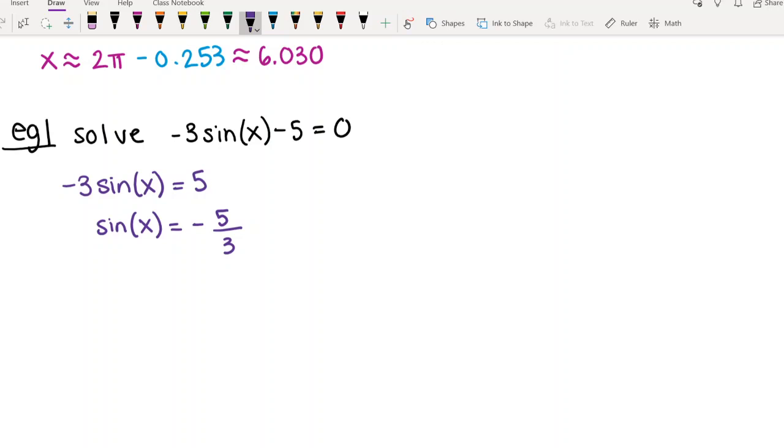So what's wrong with this equation? Well, this number, negative 5/3, is smaller than negative 1. And we know that sine of x is always between negative 1 and 1.